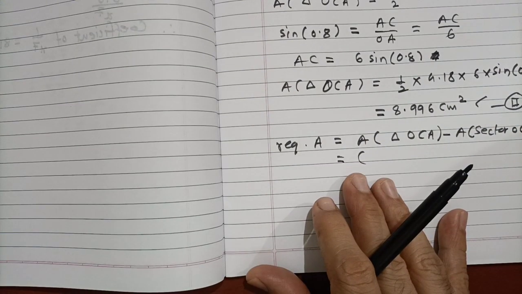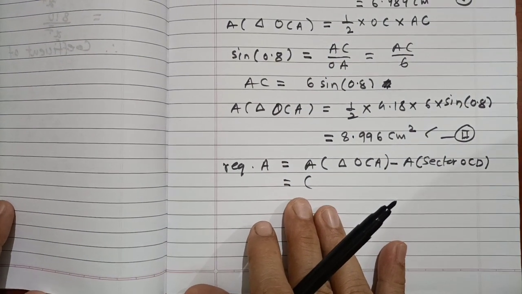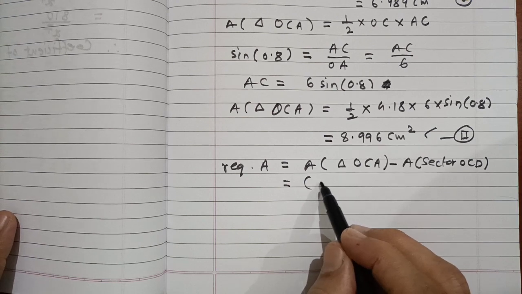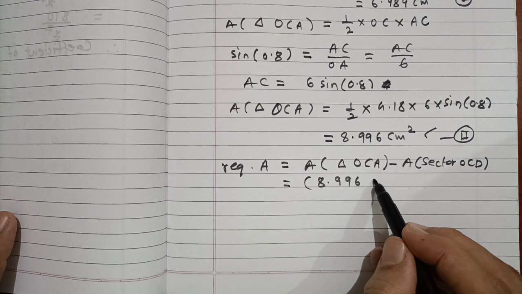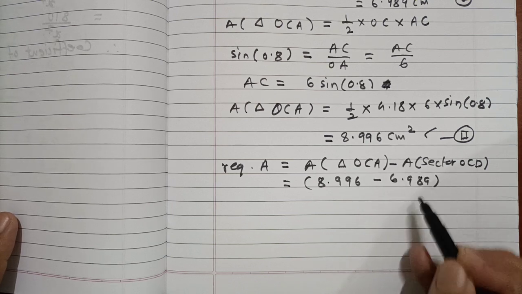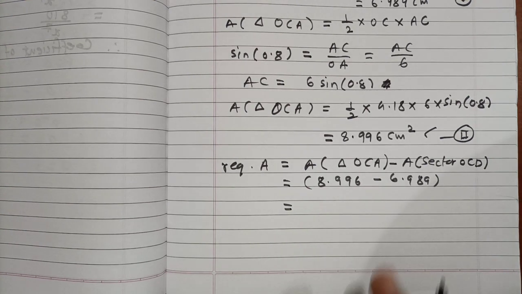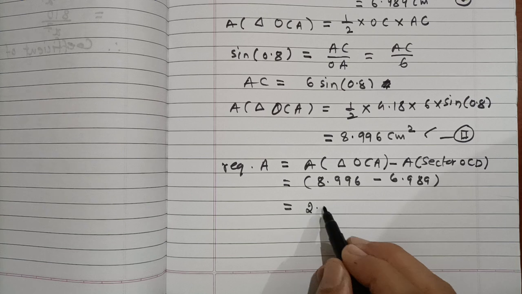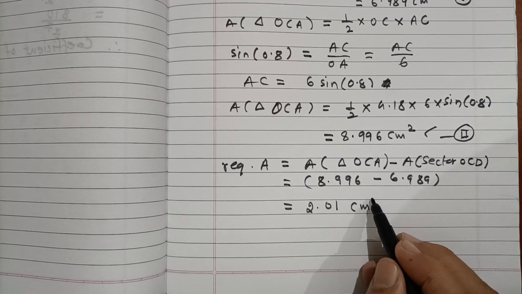So from 1 and 2, this is 8.996 minus 6.989, which is approximately 2 point something. Using the calculator, this is 2.01. Now we are finding area, so we write centimeter square.